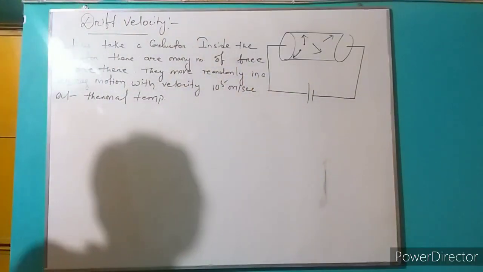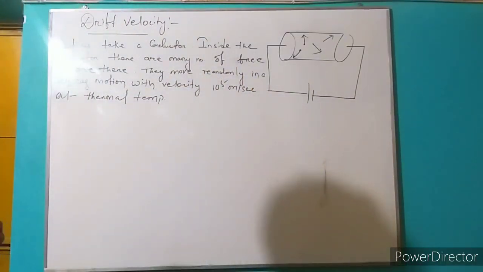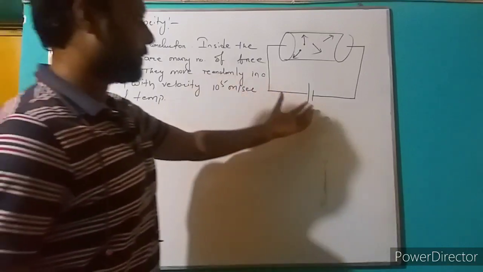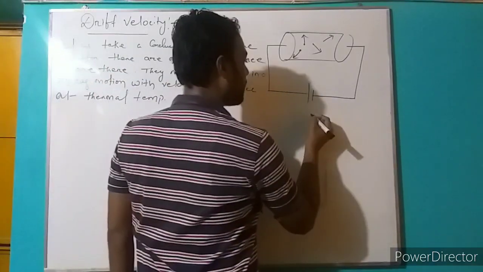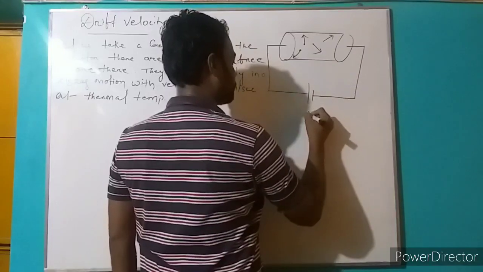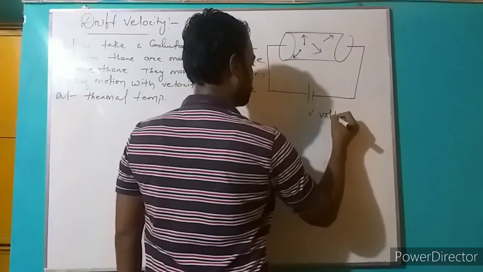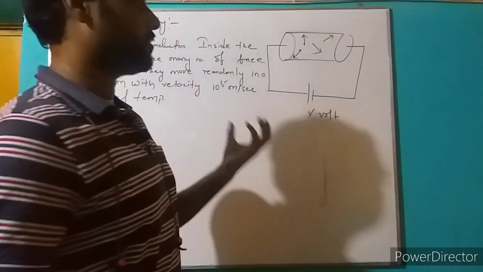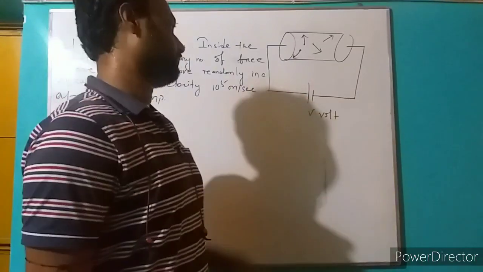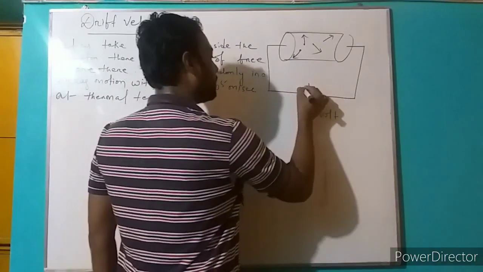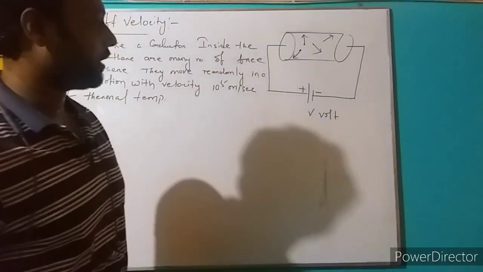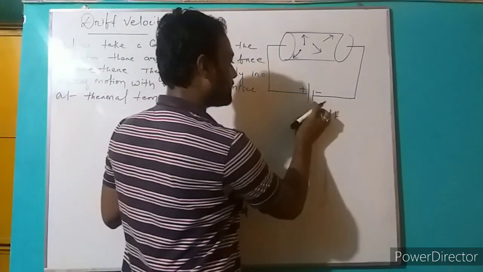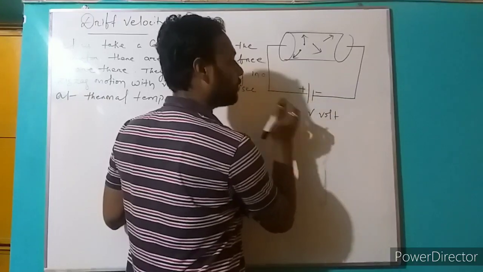The two ends of the conductor are attached to the battery by using a key, whose potential difference is V volt, because potential has the unit volt. It contains a higher potential and a lower potential, so the difference between the two potentials is V volt.